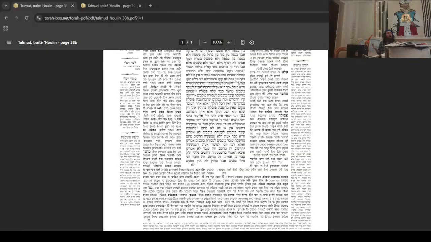So what is the machlokes? So they both hold the non-local causality, but the Rabbanan are arguing on whether, even if we heard that his thought is for idolatry, in the Beis HaMikdash the non-local causality works according to the Tanna Kamma, but not outside the Beis HaMikdash.